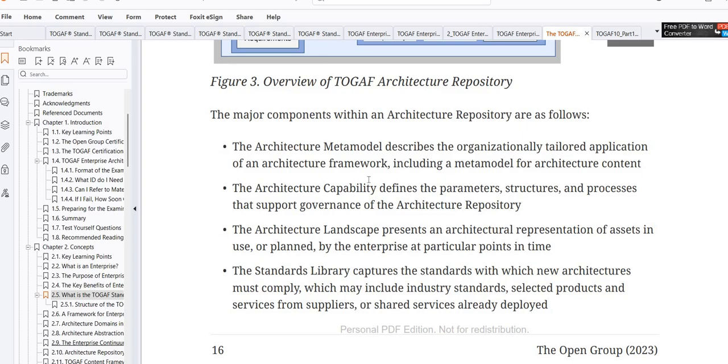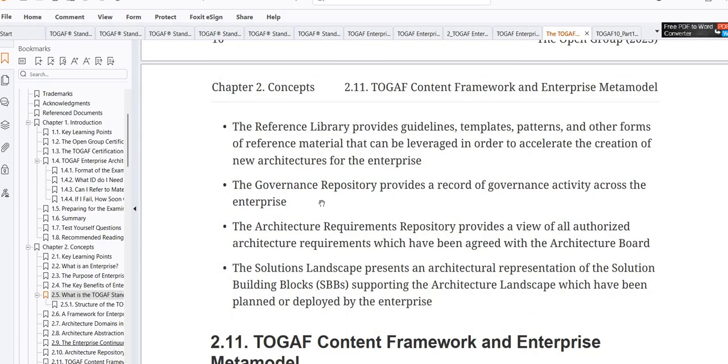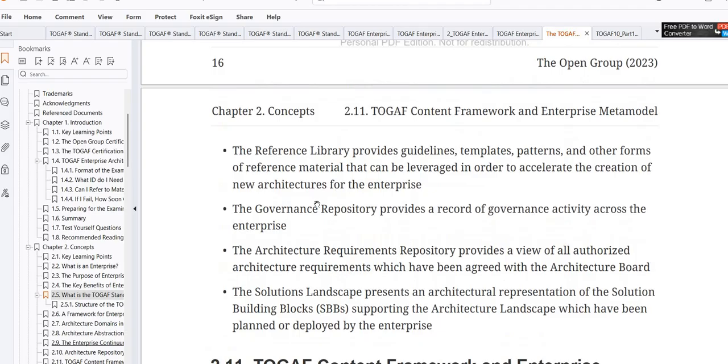These are the major components of the architecture repository, like the architecture meta model. As I mentioned, this is very important from the exam point of view: each one is represented, what is what, and they will ask where it is stored. Suppose they ask where templates, patterns, and other forms, reference library that can be leveraged, and guidelines are stored.